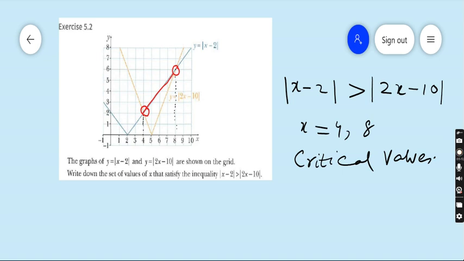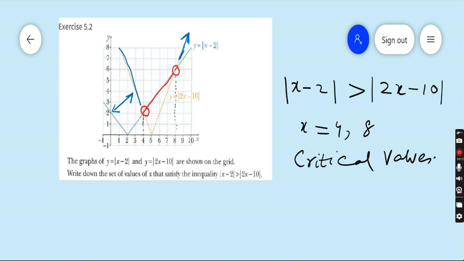Consider this line, it is above, and this line is below, and this line is also above.